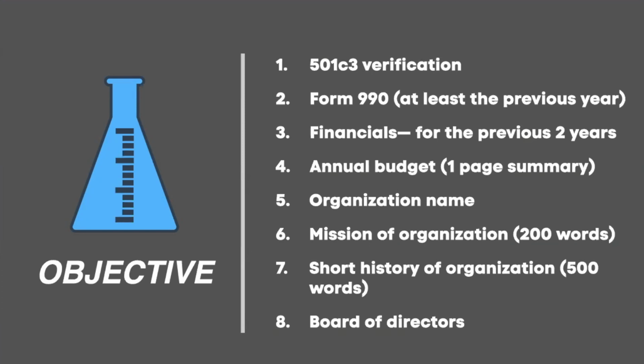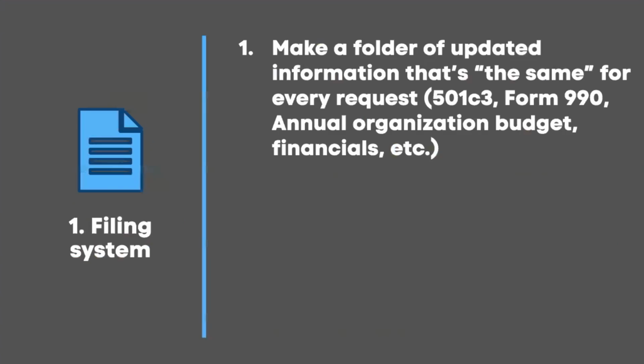You need to make a folder right now in your filing system that has all of that information together. Literally, a folder that says 2023 updated objective information, 2024 updated objective information.